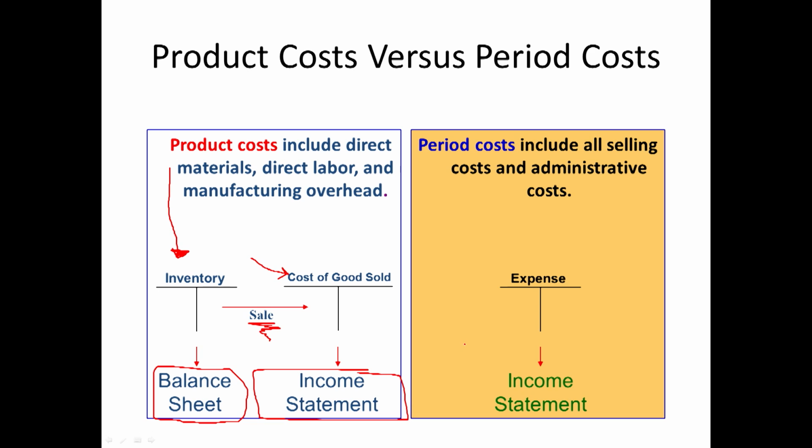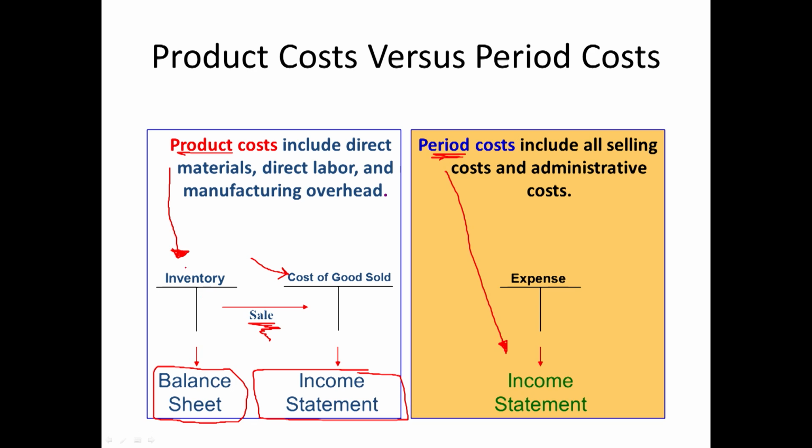Do you follow that? That's for product costs. Period costs, boom, they go straight to the income statement. Now, hopefully all costs will eventually get to the income statement, but period costs, boom, they go straight there.